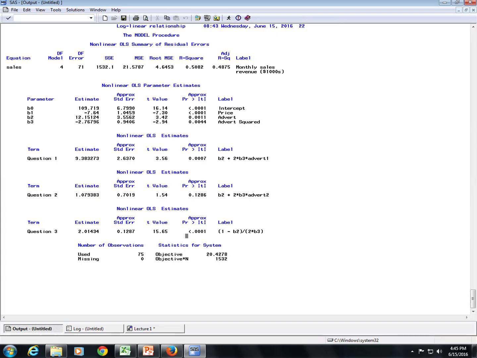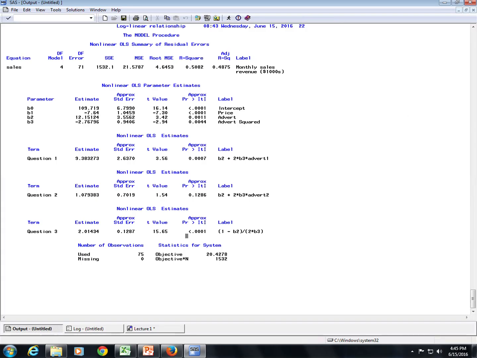So we're still getting a lot of value at an advertising budget of 500. $1 of advertising is getting us almost $10 of sales. So that's great.